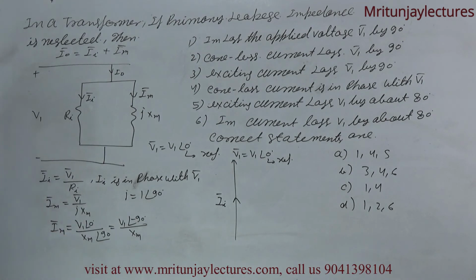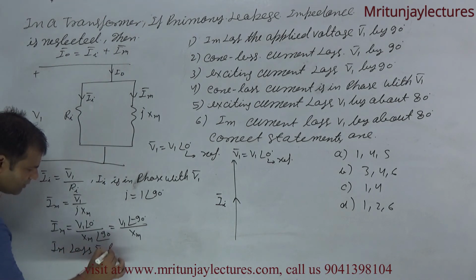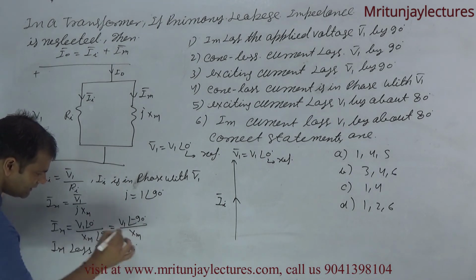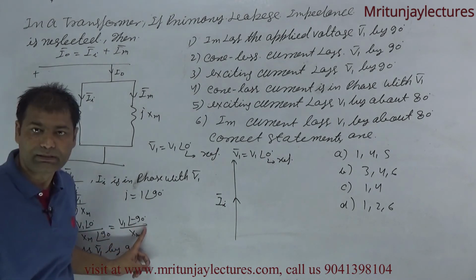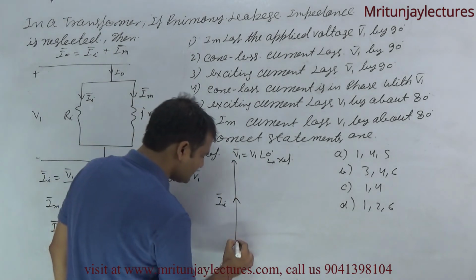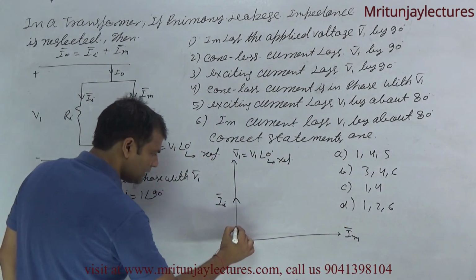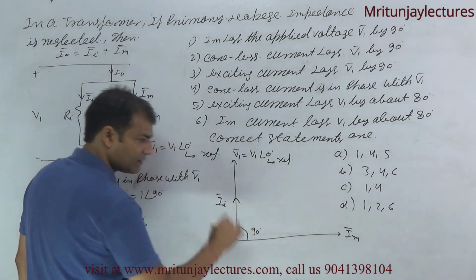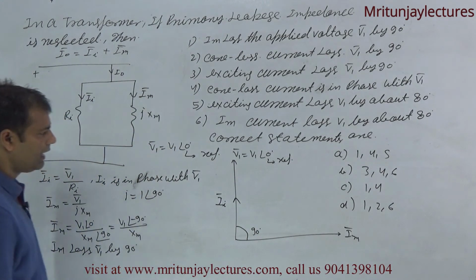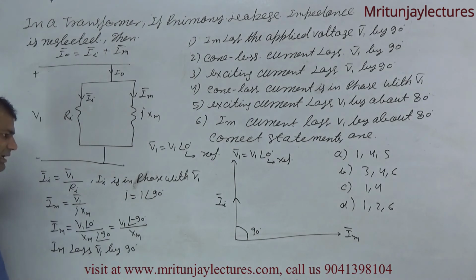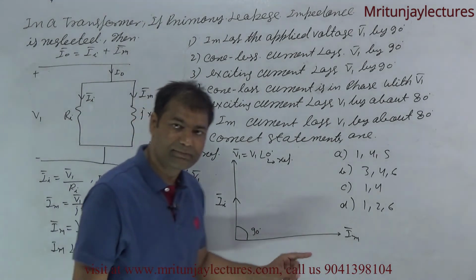It means Im lags V1 by 90 degrees. If V1 is like this, Im is drawn like this, 90 degrees behind. Clear? Im lags behind V1 by 90 degrees.